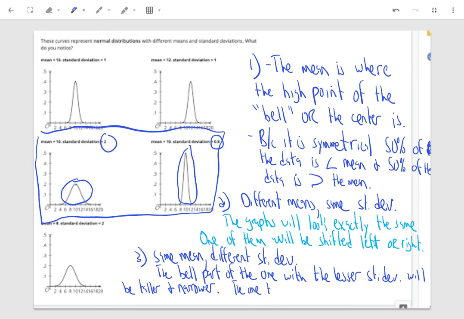The one with the larger standard deviation will be shorter and spread out more.